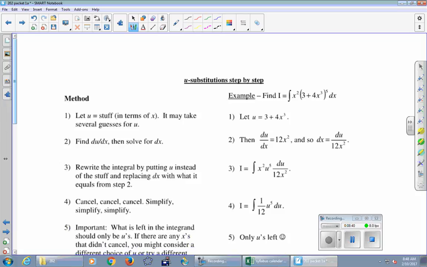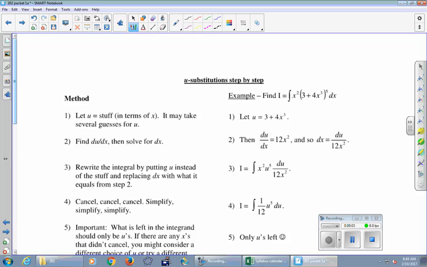So page 8 involves a slightly different integral, x squared times 3 plus 4x cubed to the 5th, but it's going to be exactly the same idea. We let u equal some stuff in the parentheses oftentimes. So we let u equal 3 plus 4x to the 3rd. We take a derivative of that. What's the derivative of this guy? 12x squared.